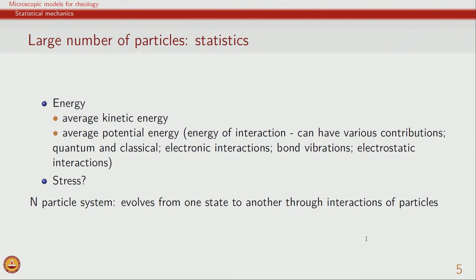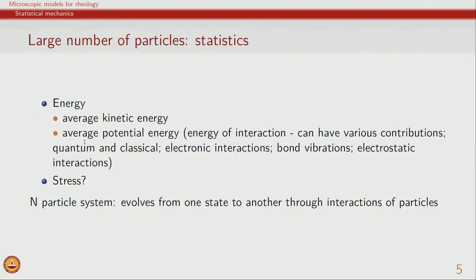Now, when we look at some other variables, for example energy. We discussed already that each and every particle has velocity and therefore kinetic energy. Similarly, each and every particle has a potential energy because it is interacting with other particles and with external fields, and many of these interactions can be classified in several ways. For example, there could be quantum contributions, which are related to electronic interactions and bond vibrations and so on.